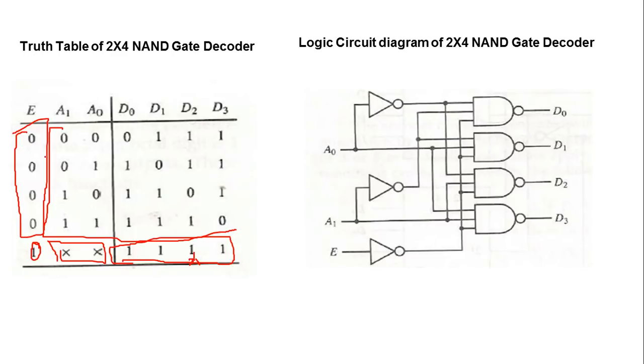So the next point is, if E is equal to 0, how can I represent that? By default these values are equal to 1, 1, 1. So in order to make it 0, I need to implement a NOT gate in between, and then apply it to all the NAND gates which are part of the decoder. Then I will start working on the things. 0, 0 I need to get.